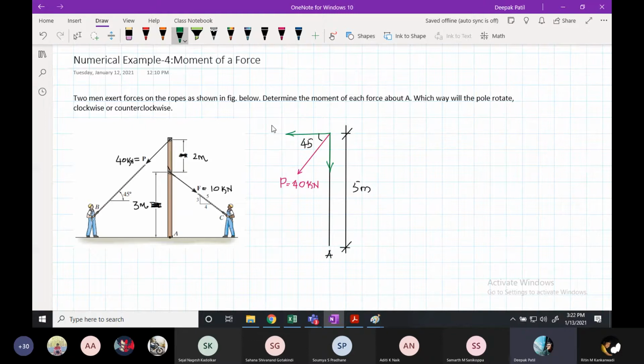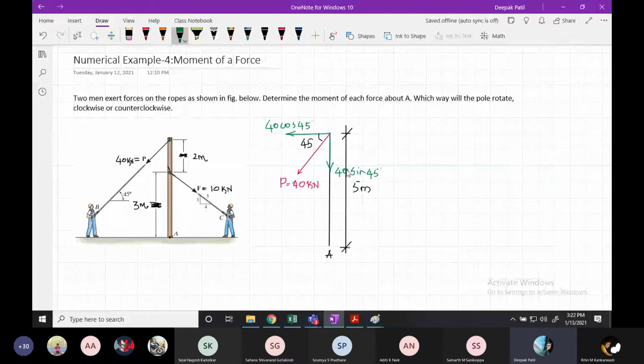So the horizontal component will be equal to 40 cos 45. And the vertical component will be equal to 40 sine 45. Now let me find out what is the moment produced by these components at point A.